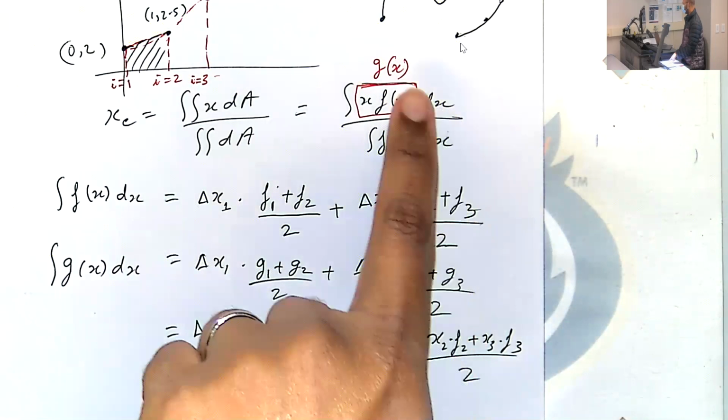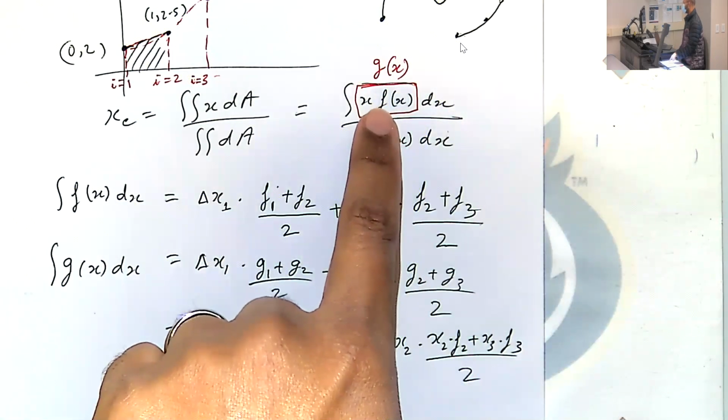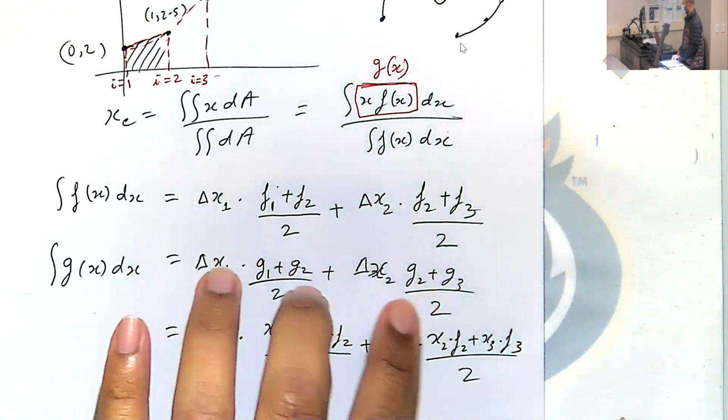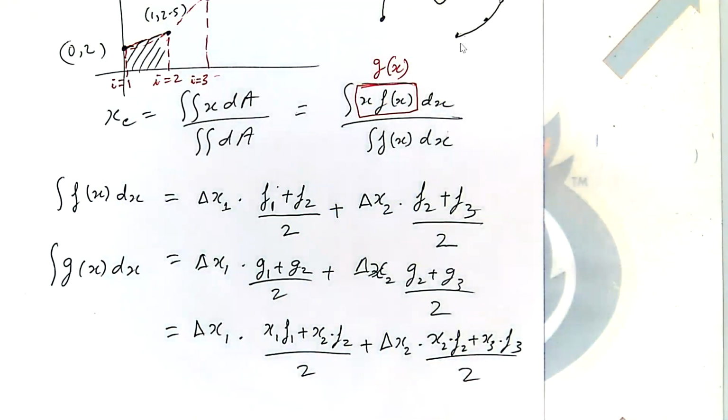No matter what's inside here, whether it be sine of x, exponential of x, some weird function of x, you can always go the same way as we did here. Any questions? Oh yeah, it's b minus a. Okay, got it.